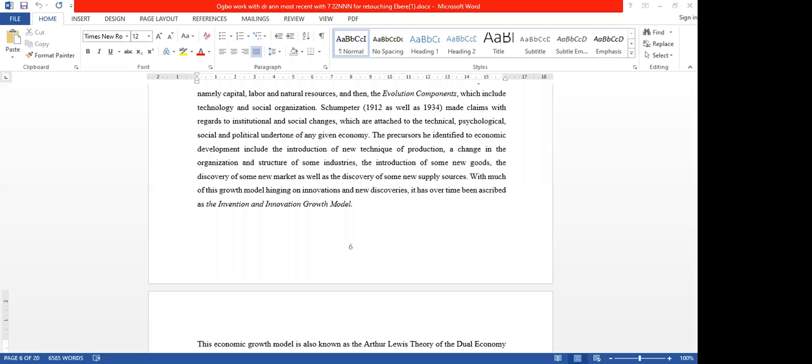Okay. Now, unlike the NPV, the IRR is the discount rate that gives an NPV of 0. The discount rate that gives an NPV of 0 is called the IRR.